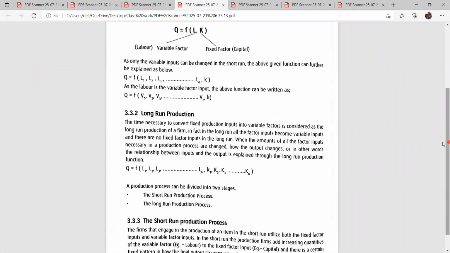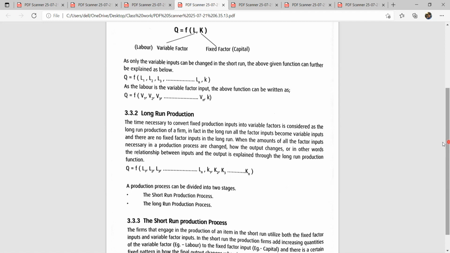When the amounts of all factor inputs necessary in the production process are changed, how the output changes, in other words, the relationship between input and output, is explained through the long-run production function.